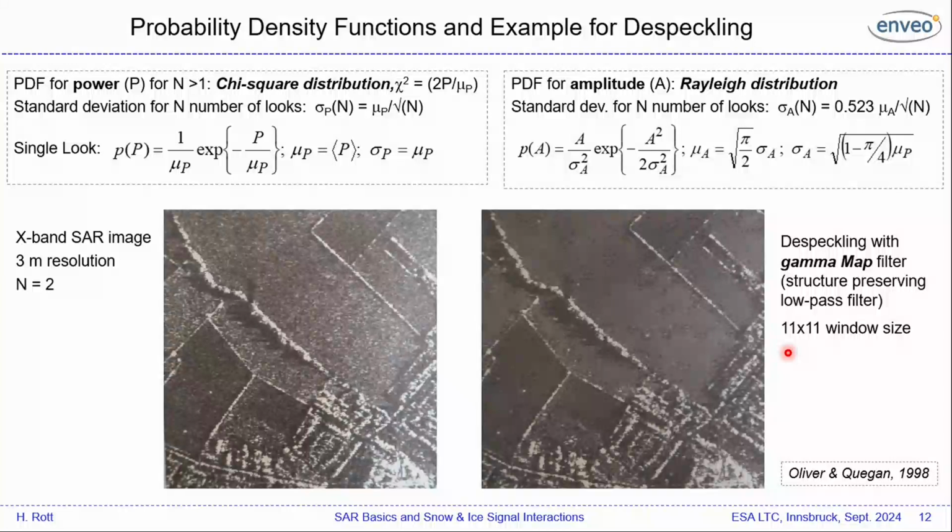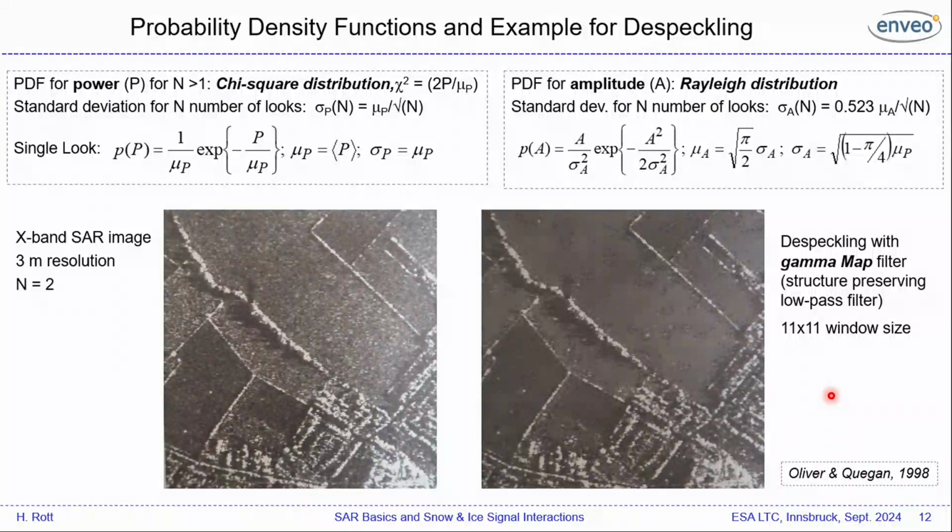And this just points out that you can achieve much better results if you use special filters which are tuned exactly to the target which you want to observe. Oliver and Quegan were scientists in the UK who did very much work in this respect, to show how these filters can be optimized for different types of objects.